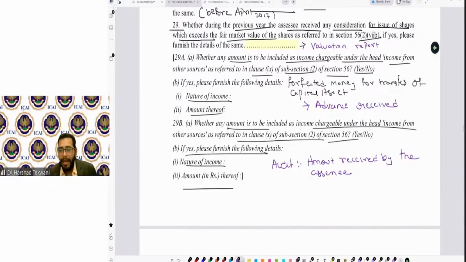So being carried through the profit and loss account may not be there. Okay, so you need to accordingly verify whether the amount was there as an advance, later forfeited, may be adjusted to the cost of the capital asset, or may be taken to the profit and loss account. Accordingly, you need to check what treatment was given, and irrespective of whether the amount was taken to the P&L or not, we need to identify and verify such amounts.